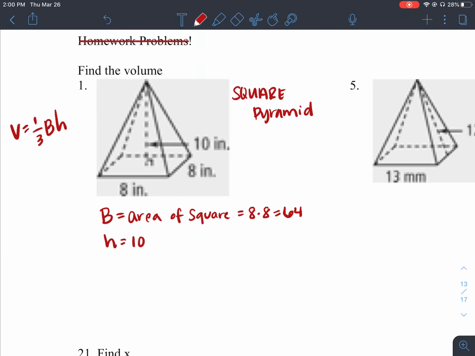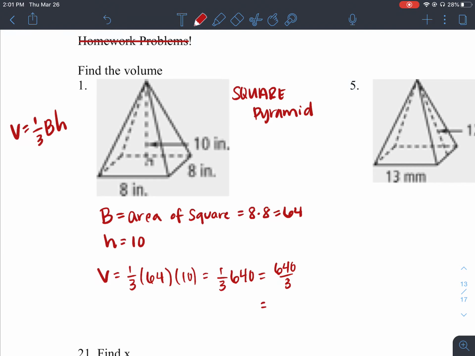So I know capital B, I know my height, I can go to my volume formula. Volume is 1/3 the area of my base, which we said was 64, times my height, which is 10, or 1/3 times 640, or 640 over 3, which is, if I remember correctly, 213. Now we're just going to double check.